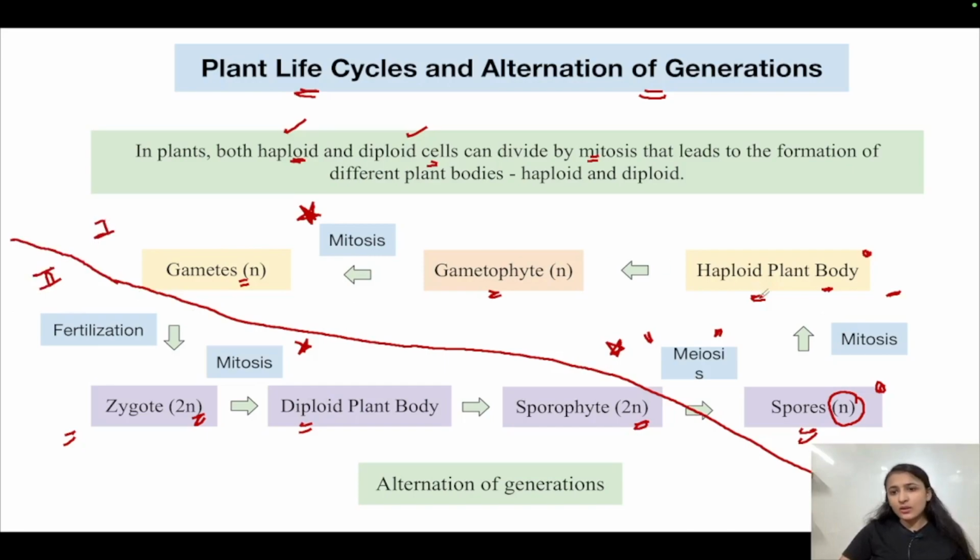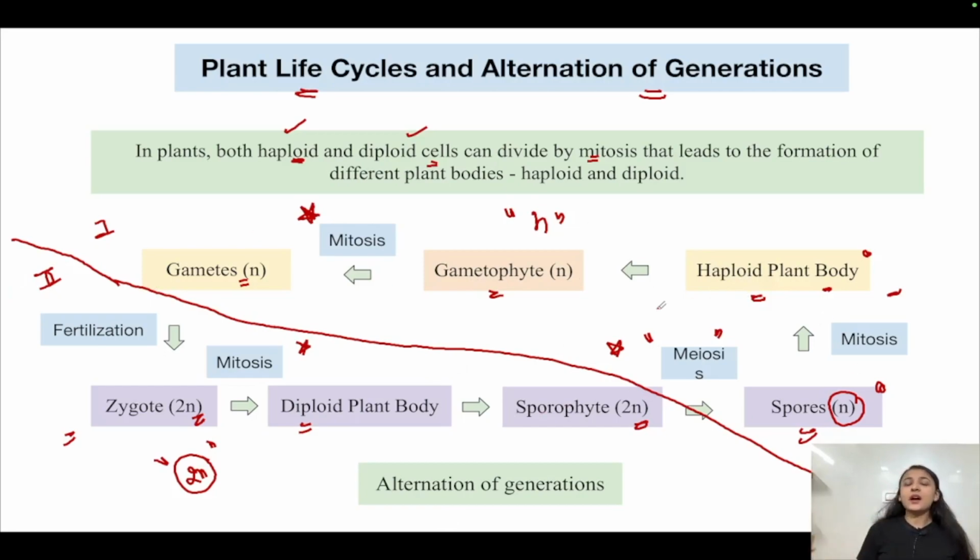All of these yellow colored structures represent the haploid generation or the gametophyte generation with the ploidy level n. And all of these purple colored structures represent the diploid generation or the sporophytic generation with the ploidy level 2n, double the number of chromosomes.